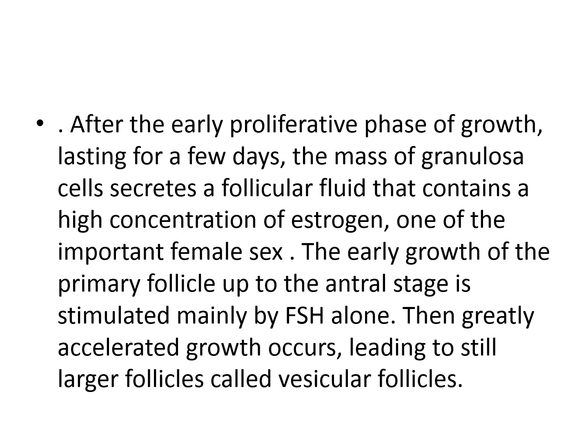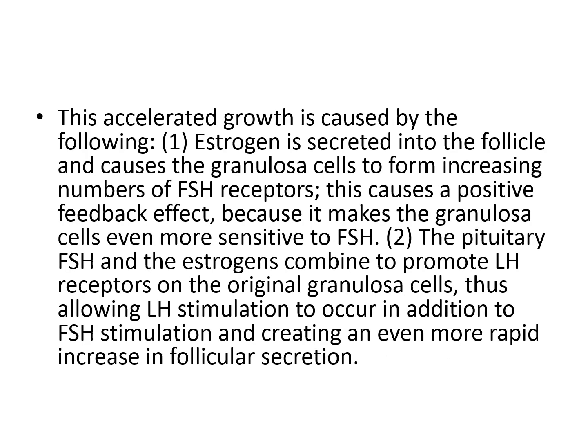The early growth of the primary follicle up to the antral stage is stimulated mainly by FSH alone. Then greatly accelerated growth occurs, leading to still larger follicles called vesicular follicles. This accelerated growth is caused by the following. Number 1, estrogen is secreted into the follicle and causes the granulosa cells to form increasing numbers of FSH receptors.